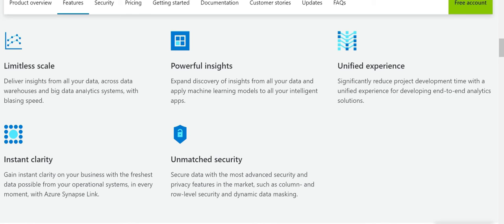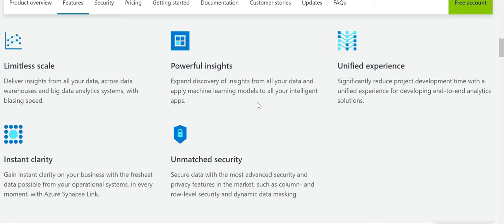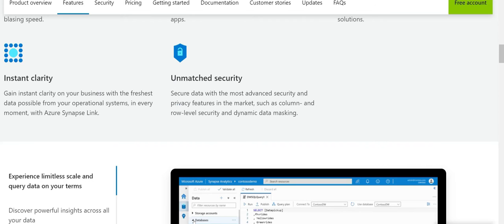You don't have to do robust planning that my database will be of this size. It is limitless. It has very powerful insights. You can expand the discovery of insights from all your data and apply machine learning models also for intelligent apps. You get a unified experience, end-to-end analytics solutions, and unmatched security. It is highly secured, and has column and row level security and dynamic data masking as well. And you get very instant clarity on your business with the freshest data possible.